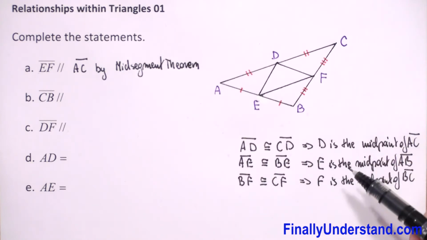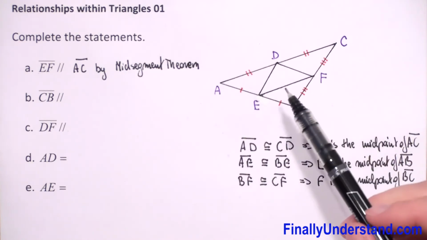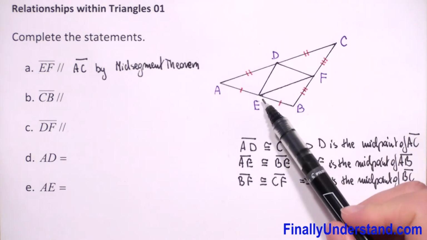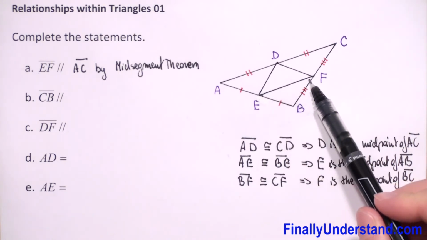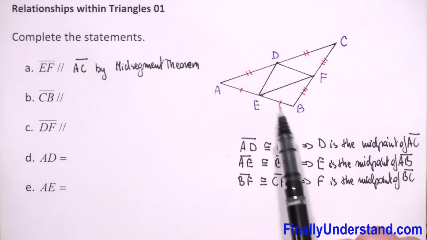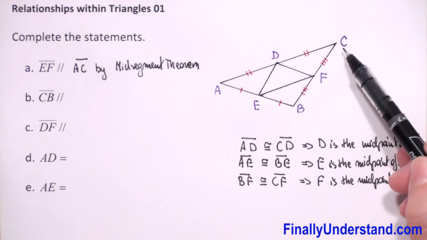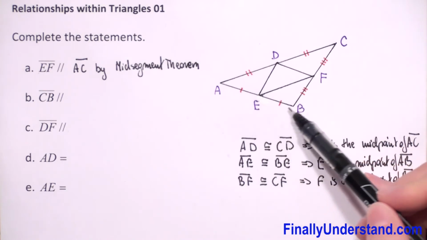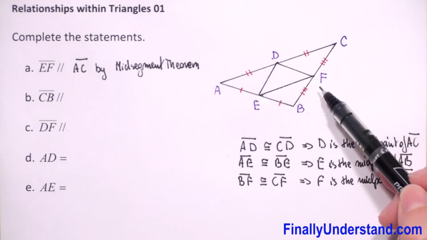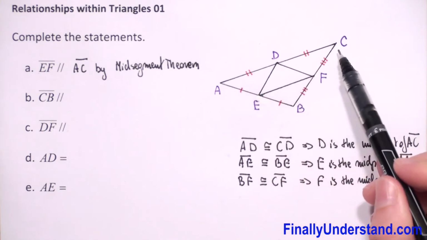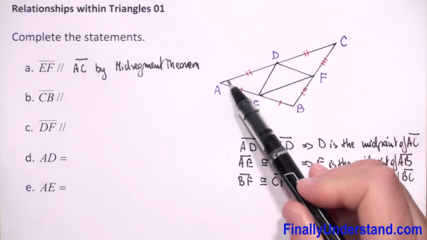One more time. We see that this segment connects the midpoints: E is the midpoint of AB and F is the midpoint of CB, of these 2 sides of the triangle, so it is parallel to the third side. This is our third side.